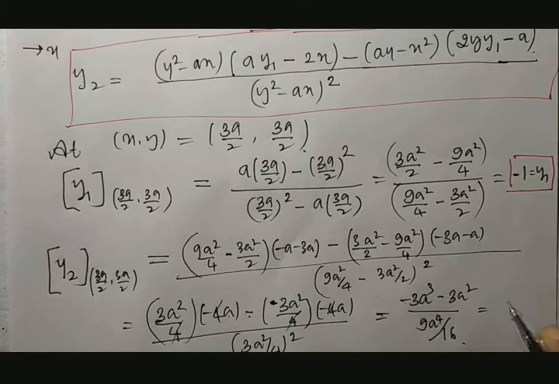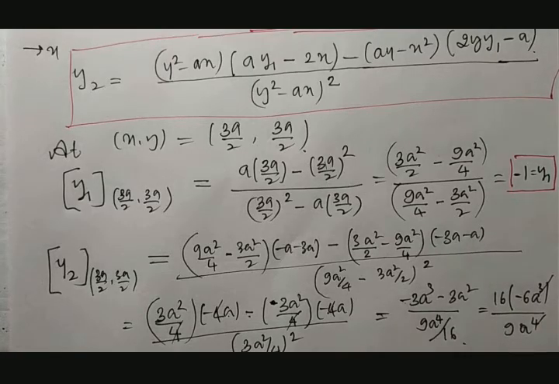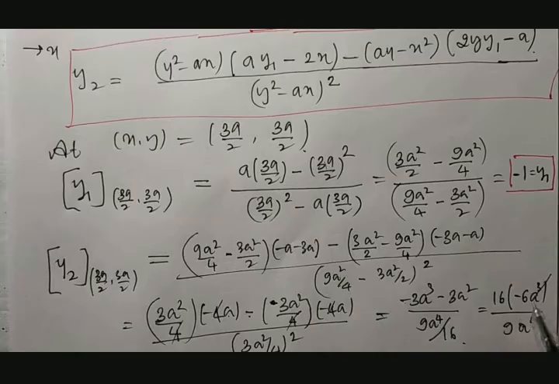Minus 6a cube. This 16 comes to the numerator. Then it is minus 6a cube divided by 9a raised to 4. So this gets cancelled, and 2s are 3s are. Fine.